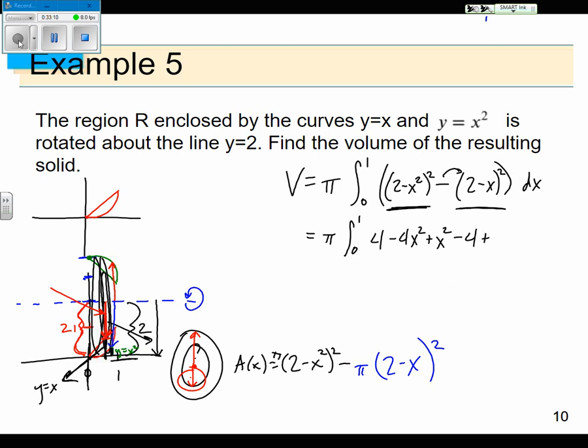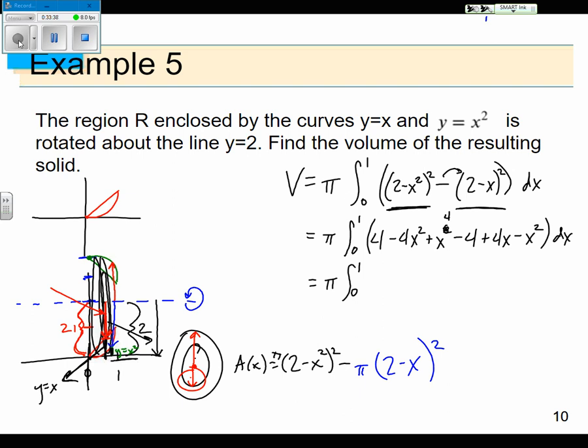I get 4 plus 4x, that'd be a minus x squared. Got some like terms to combine. I'm wanting my integration to be as simple as possible. Well, lucky for me, oh man, I messed up. I hope you didn't applaud me. This guy should be a 4. Obviously, if I square x squared, I get x to the 4th.